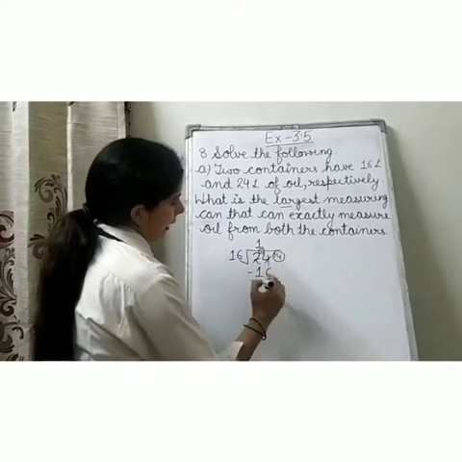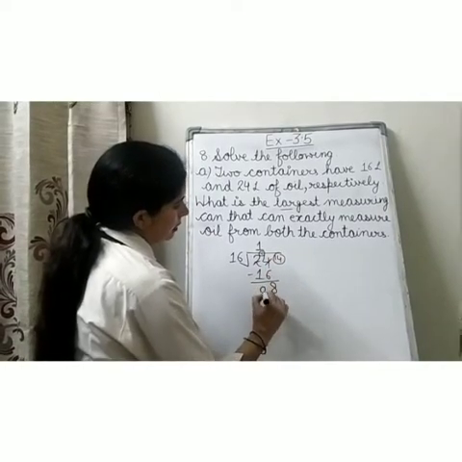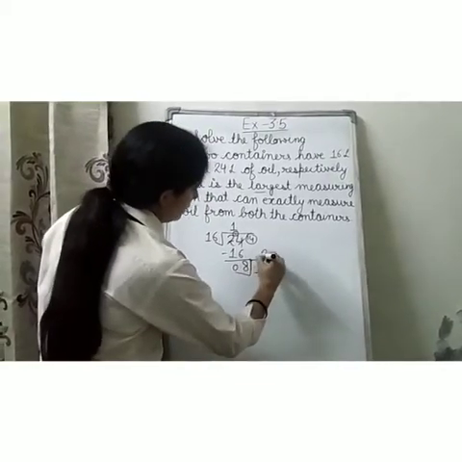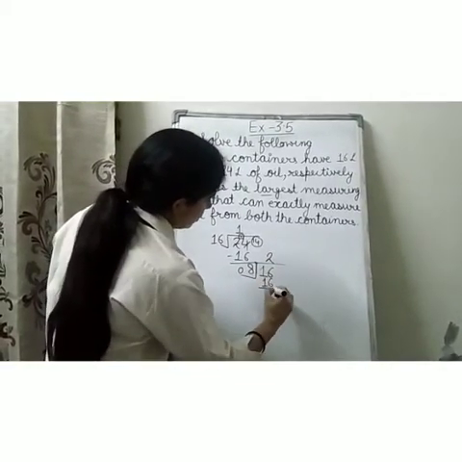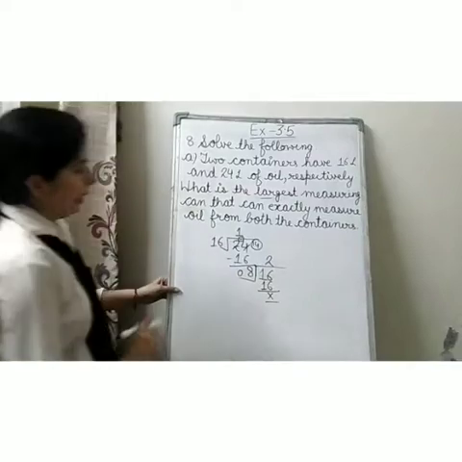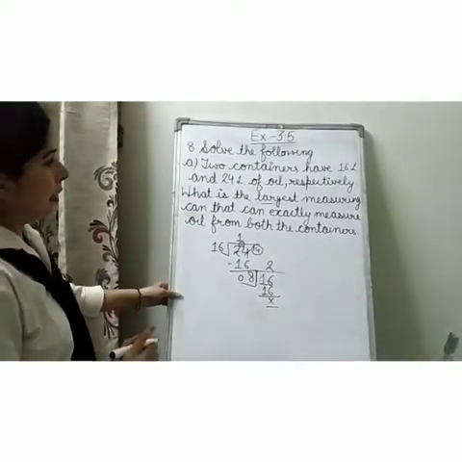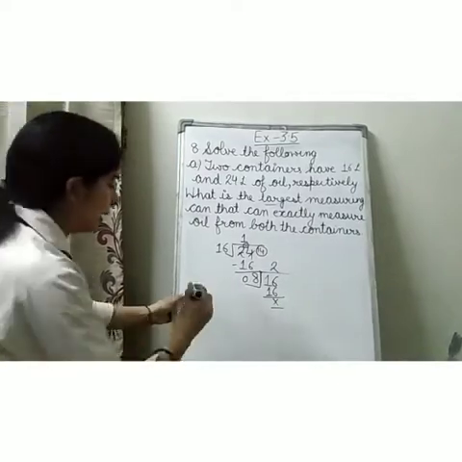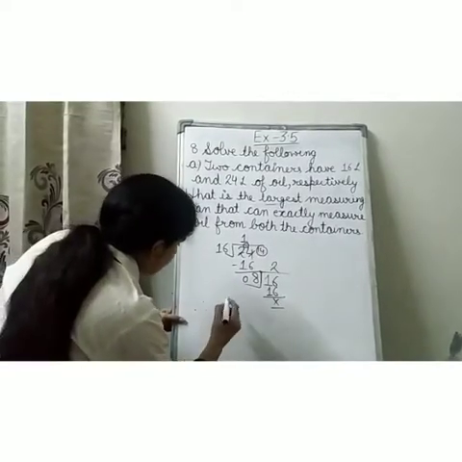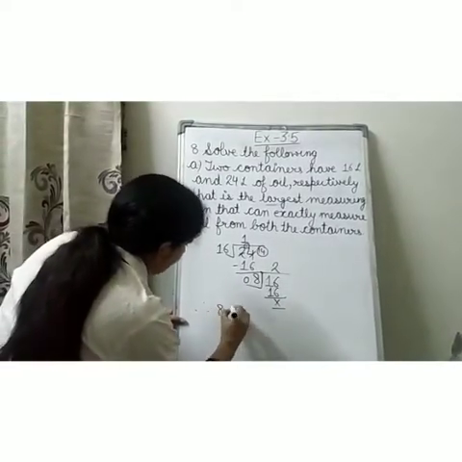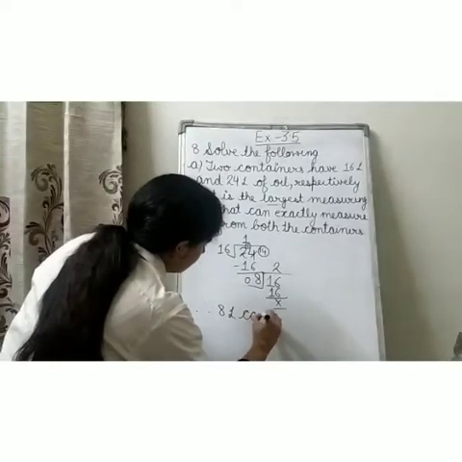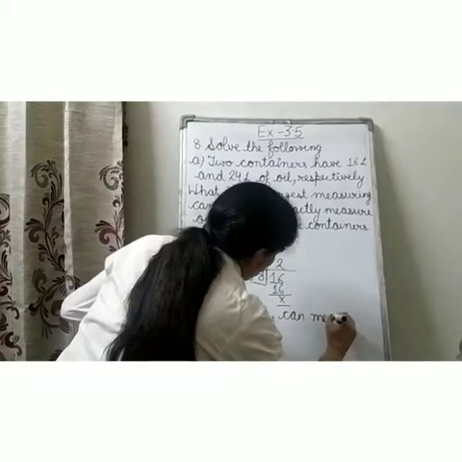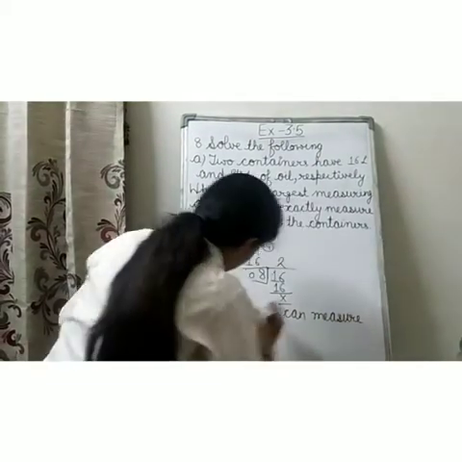Now we will write 8 over here. 8 twos are 16. So here we get the answer 8 liter. 8 liter can exactly measure oil from both the containers. Hence 8 liter can measure the oil exactly.